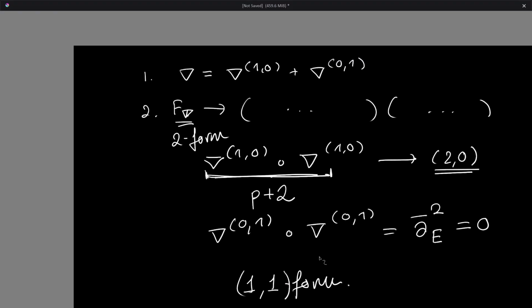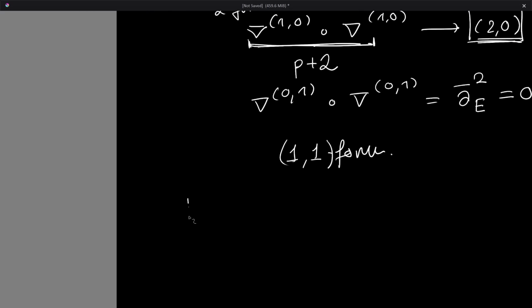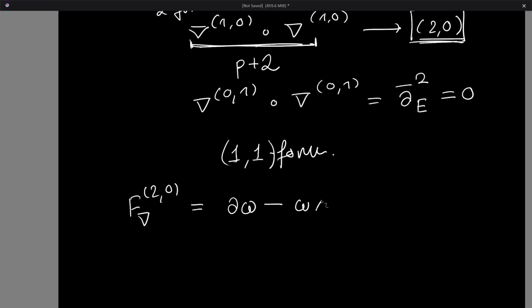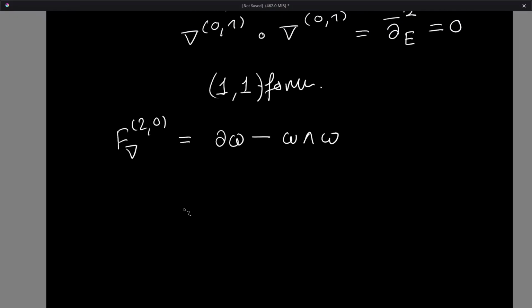So then we had to figure out whether the 2,0 part was 0, and then we ended up showing that f nabla 2,0 is equal to partial omega minus omega wedge omega, and then we eventually ended up with this equation, and that was equal to 0 because partial bar square of h is equal to 0.